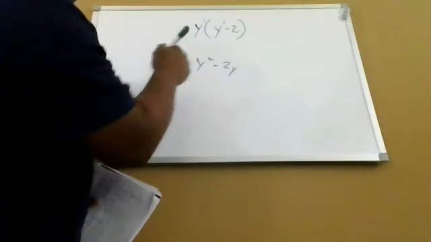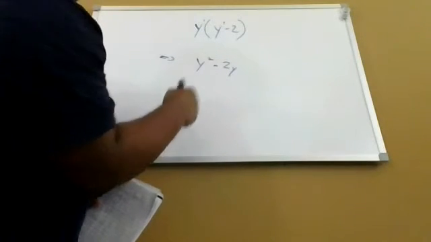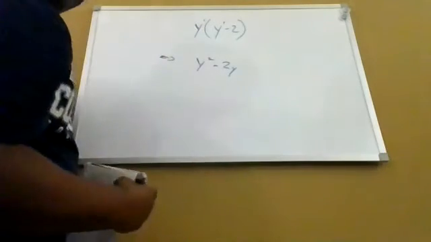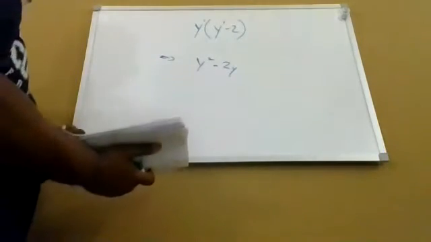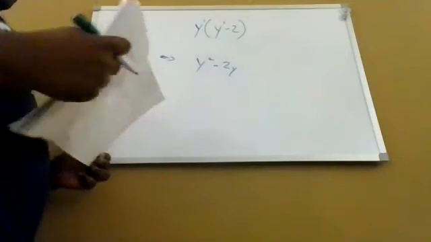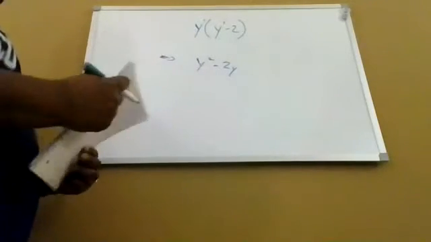And then when I multiply y times negative 2, that's just negative 2y. Again, if you need to, you can rewind the video a little bit and go back to any part that you don't understand and watch it again, and make sure you take time to write out the problems that we're going through.